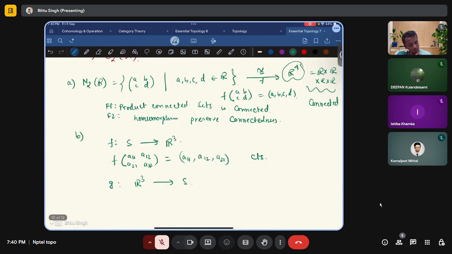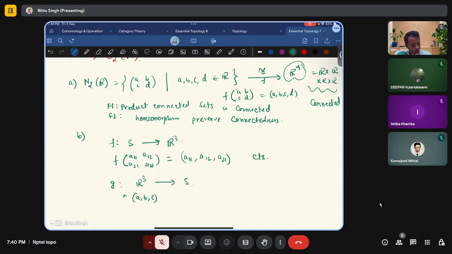So take any point (A, B, C). We want to create a matrix. It will be like the opposite way. So the first entry should be mapped into the first place, the 1 1 place. The second entry will be mapped to the 1 2 place. So A will be here, in the 1 1 place. B will be mapped here, in the 1 2 place. Now where does this a21 go?